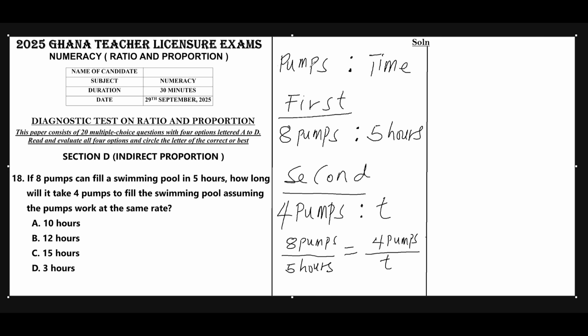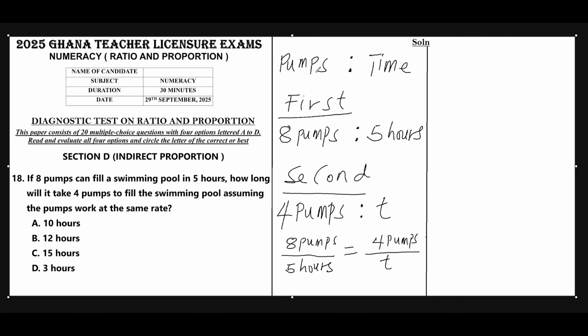So now what kind of relationship exists between the number of pumps and the time it takes to fill the swimming pool in real life? You could see that in a situation whereby we use many pumps to fill the swimming pool, and remember we are assuming that all the pumps are working at the same rate. So that is all things being equal, they are all working at the same rate.